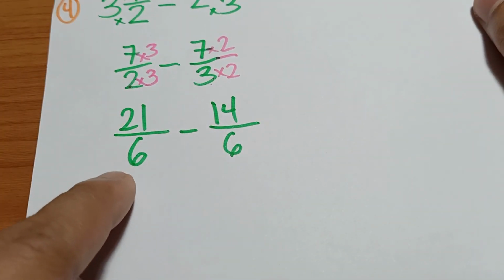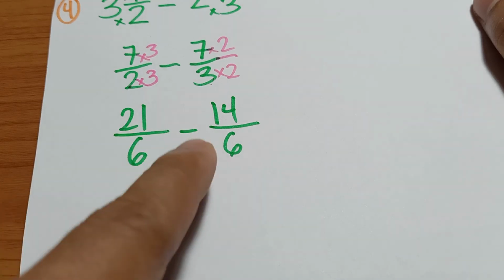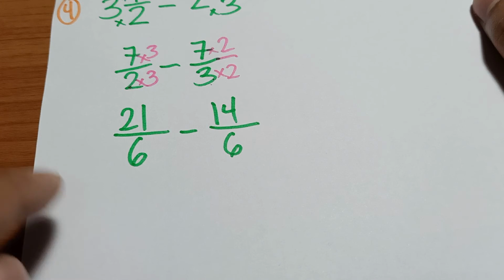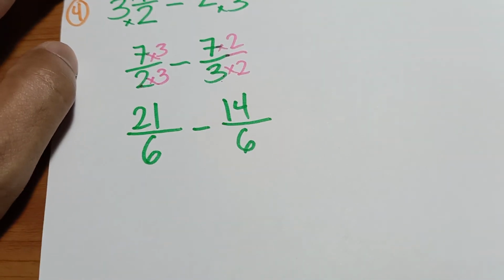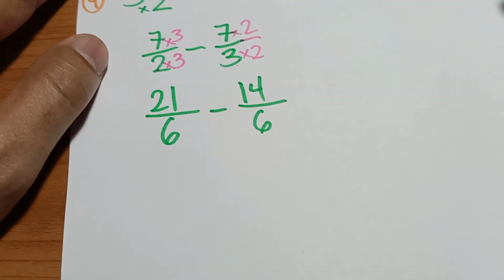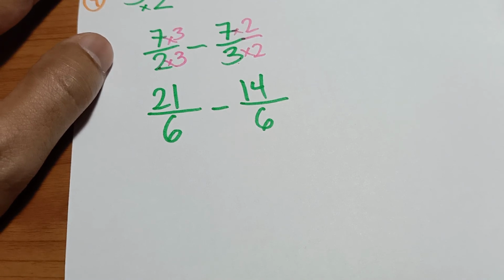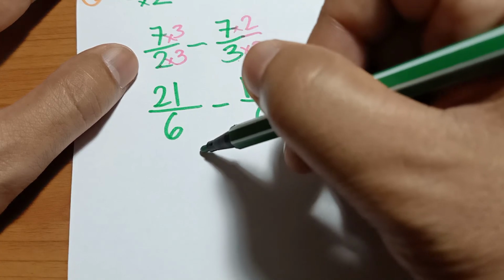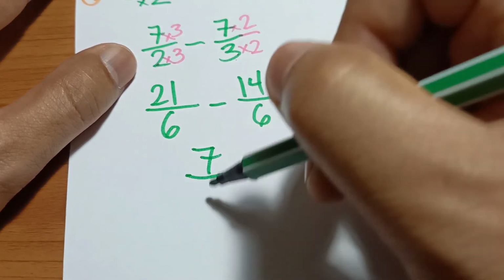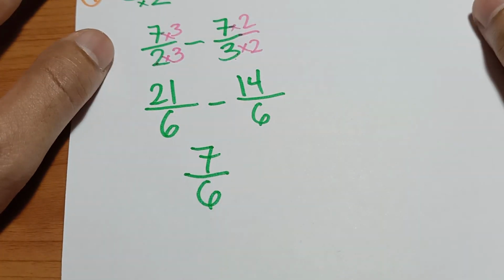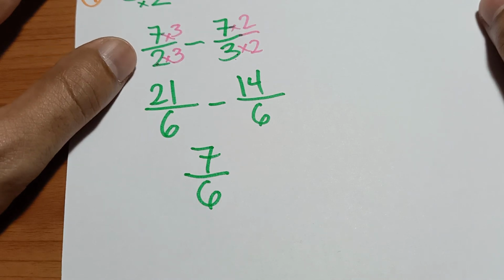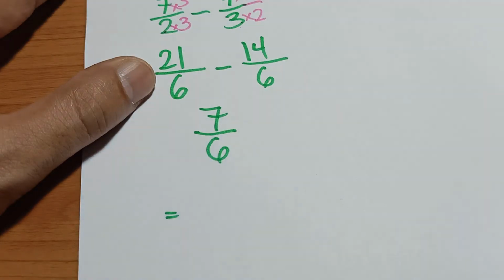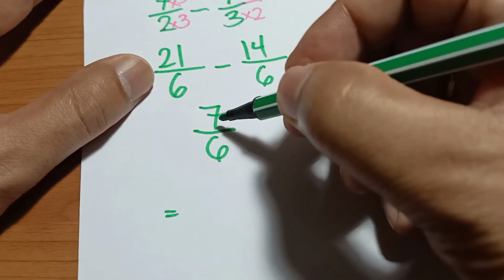Okay, so you can do the normal subtraction of fractions now because the denominator is the same already. So all you have to do is 21 minus 14. What is 21 minus 14? That is 7. The answer is 7 over 6. Okay, 7 over 6, which is equal to, how many 6s can you make from 7?